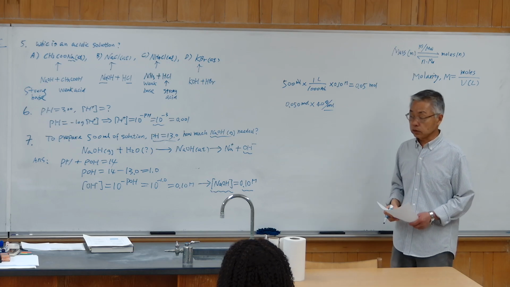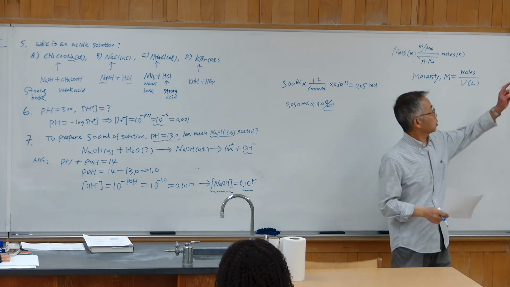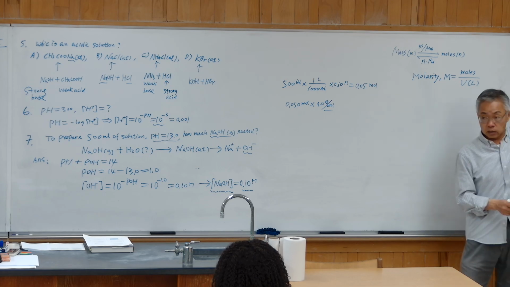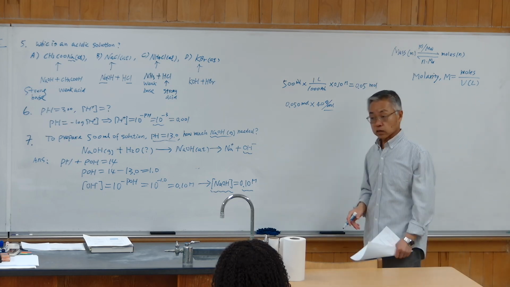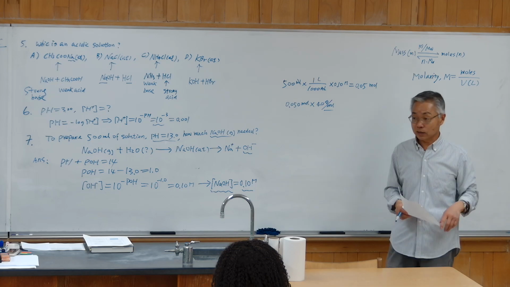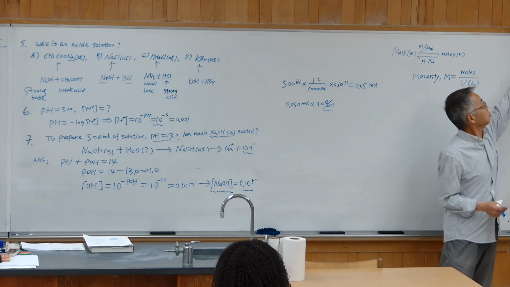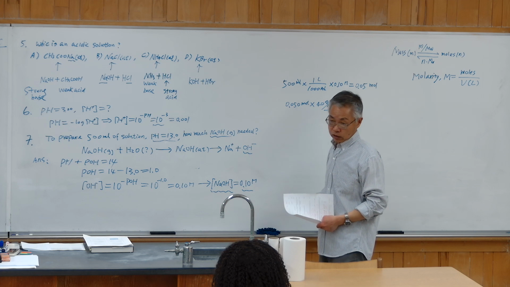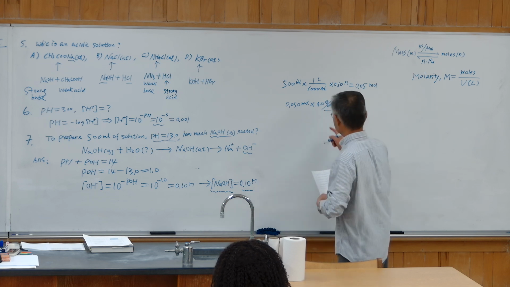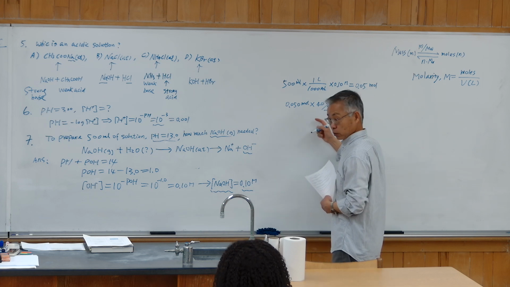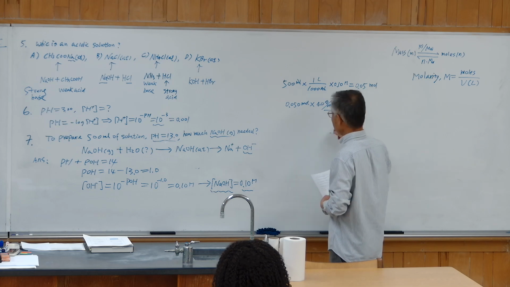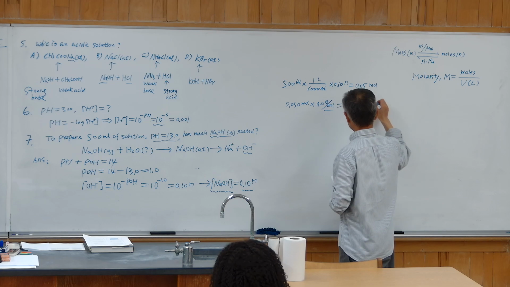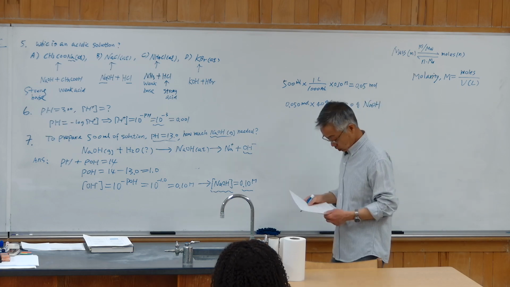You need to add sodium 22.99, oxygen 16, and hydrogen about 1 together, approximately 40. With the help of the periodic table, you can figure out the molar mass. Then this is about 2 grams. This is the solid sodium hydroxide needed.